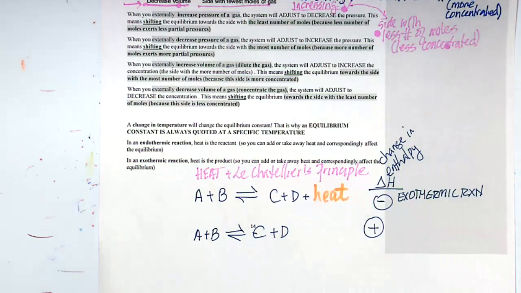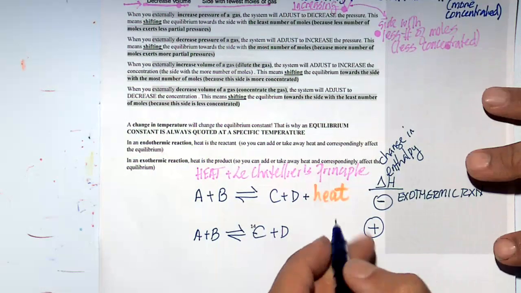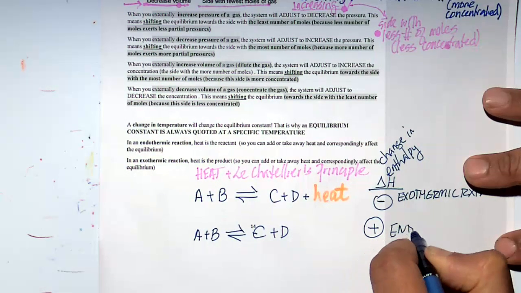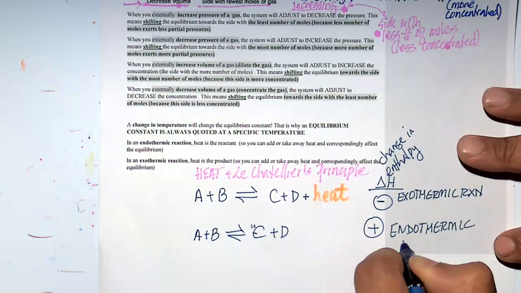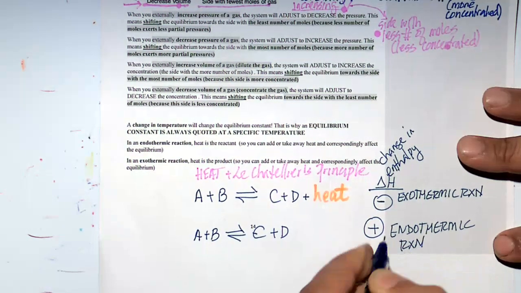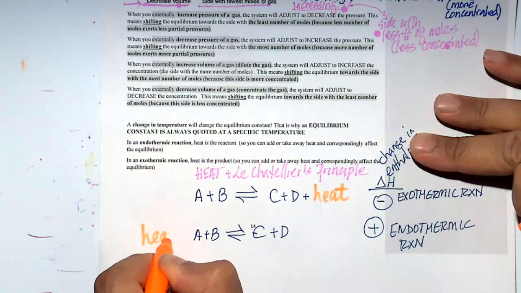If it's a positive value, we call that an endothermic reaction. An endothermic reaction requires heat. You need to put some energy in to make the thing go. So this is a reaction that requires heat.